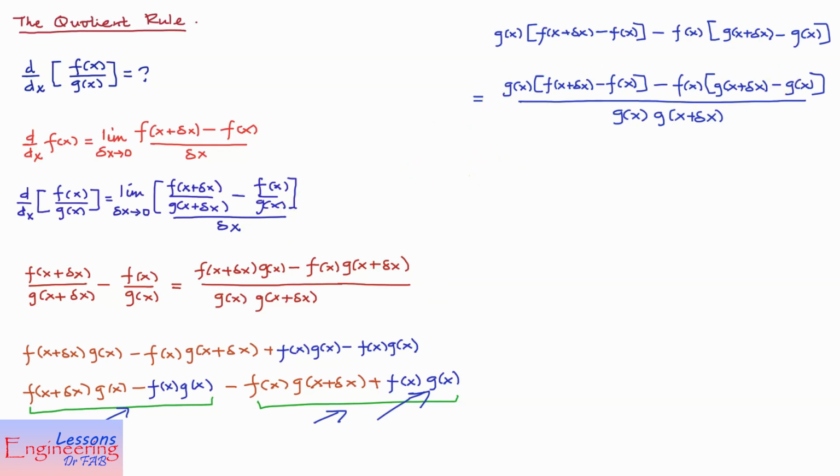So to find the derivative of f of x over g of x, equals the limit as sigma x approaches 0 of that expression over sigma x, so which is g of x times f of x plus sigma x minus f of x, minus f of x times g of x plus sigma x minus g of x.